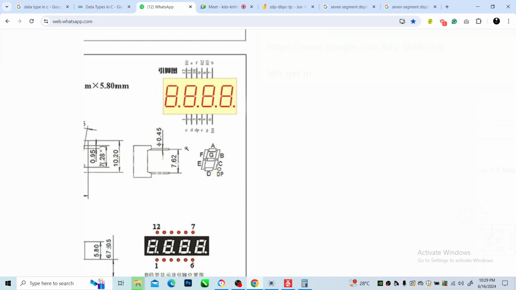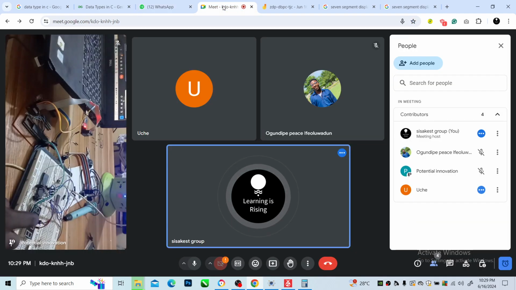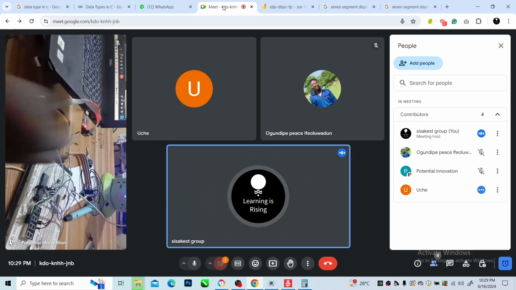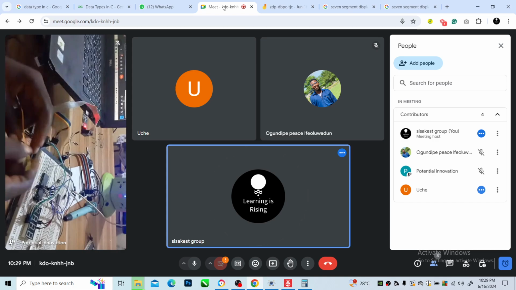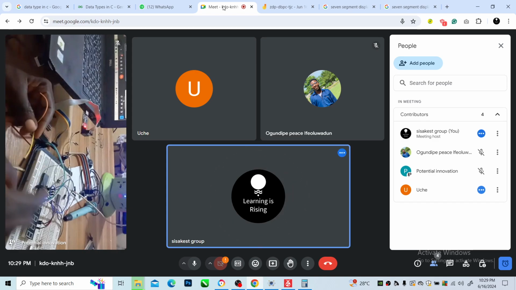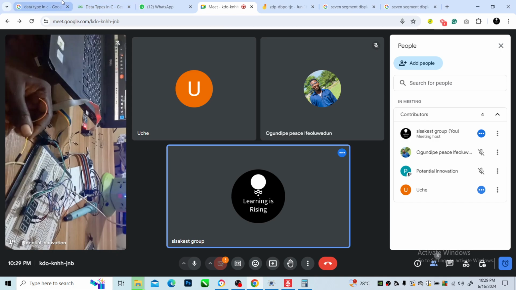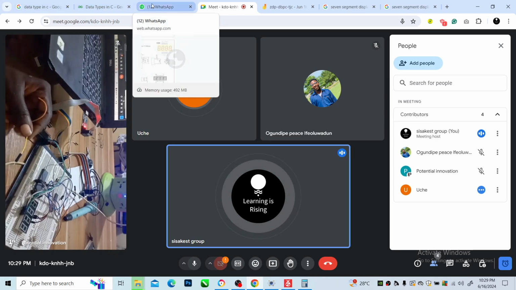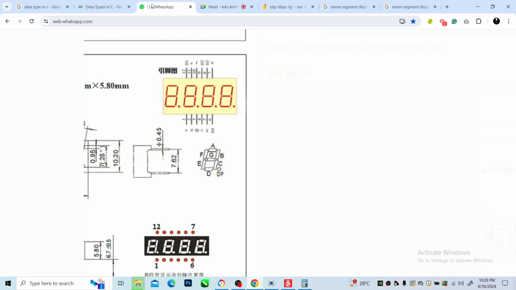H3 is the common negative for this third one. Is it clear now? So which H should we use? Which segment are we trying to turn on? Anyone. So let me just use H3, that is close beside this one.